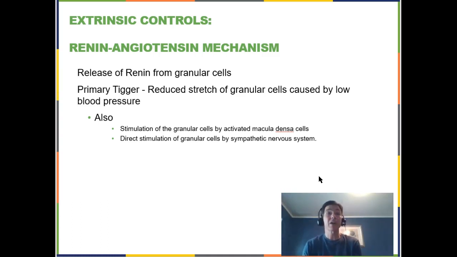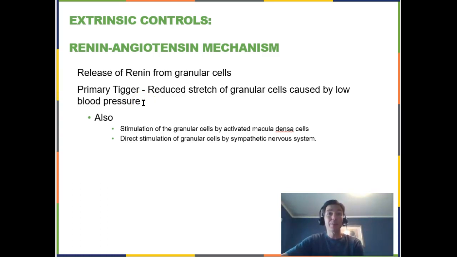So the first of the extrinsic controls is a little complicated, which means I think it's fun. You may or may not think so. This is called the renin-angiotensin mechanism. So it is generally triggered when blood pressure is very low.